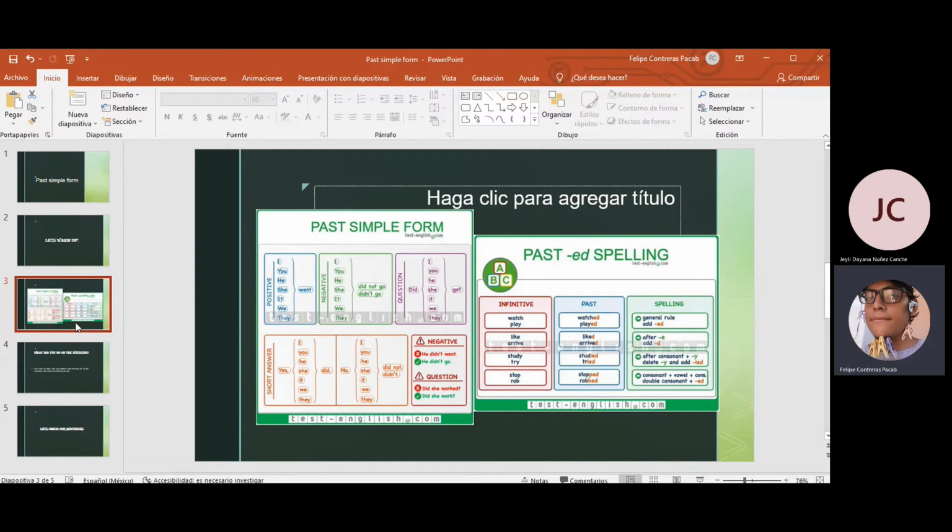And for verbs that end in a consonant plus vowel plus consonant, for example, stop or rob, the general rule is to double the consonant and add ed. Stop becomes stopped.